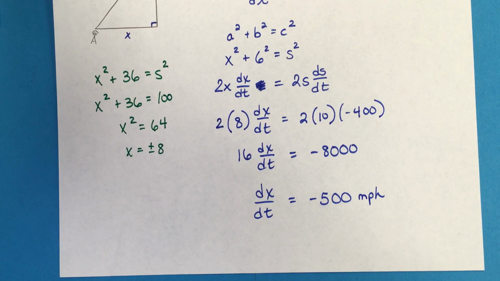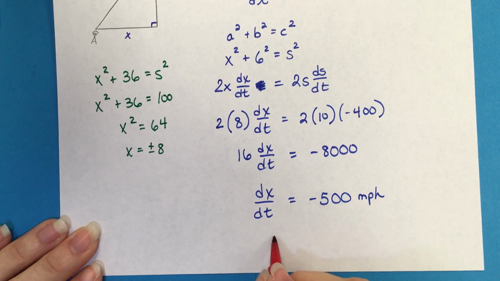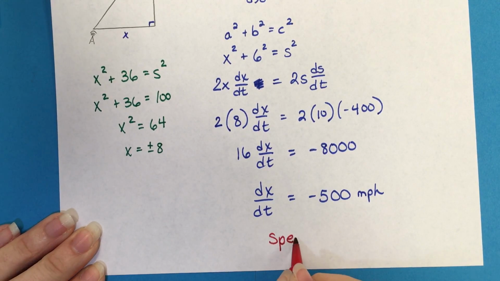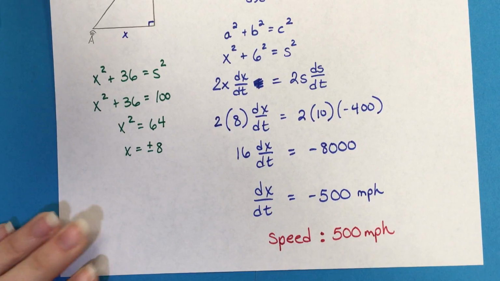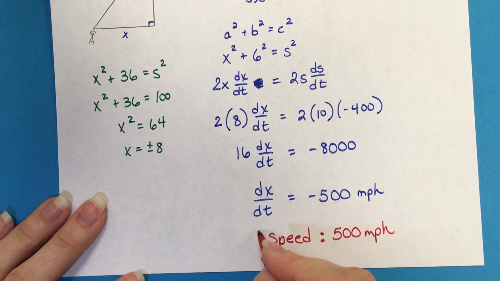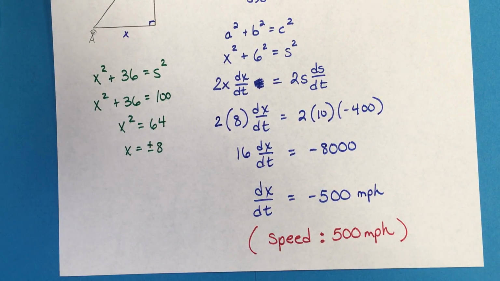Now, because the problem specifically said, what is the speed of the plane? When you're describing the speed of something, that would actually just be the absolute value of this. So if you're checking your answer in the back of the book, you would actually only see 500 miles per hour. And like I said, that's because it specifically said speed.